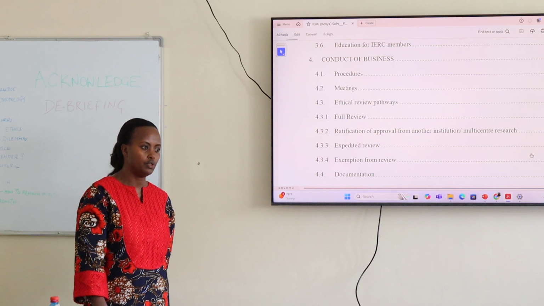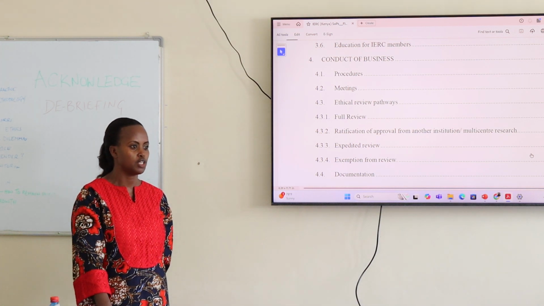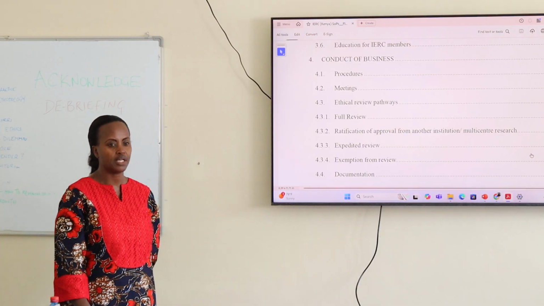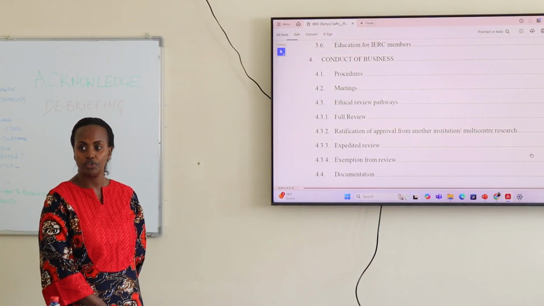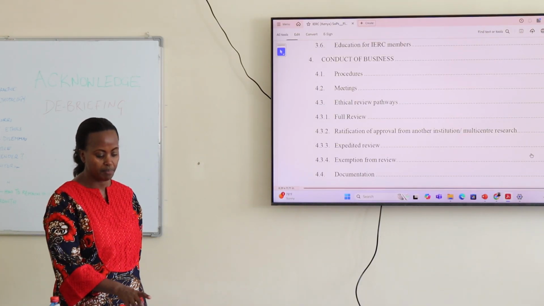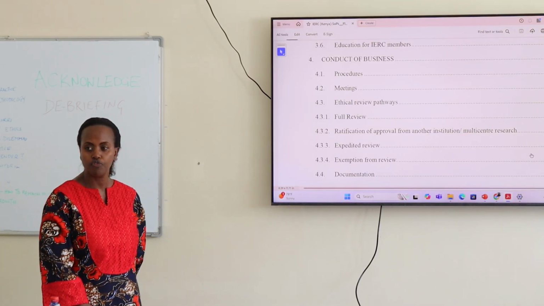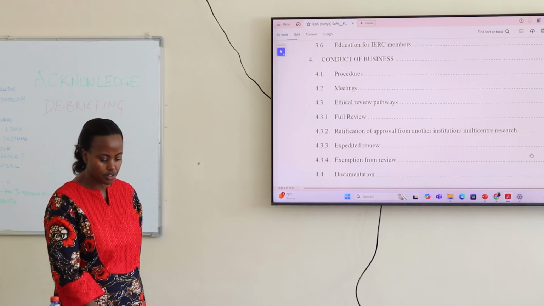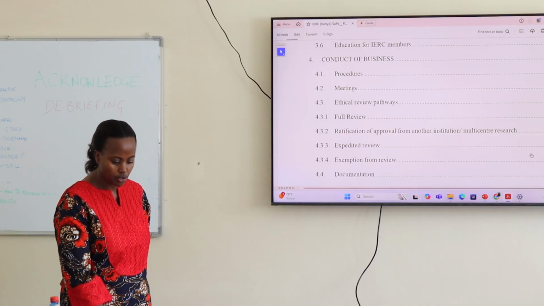For example, you may have a study that is here and also in MTRH, and you approve it here. When the PI sends his research assistants to Moi University, do we make them again go through another review? Those types of things have been captured here about approvals from other IRBs in the country and also outside the country.